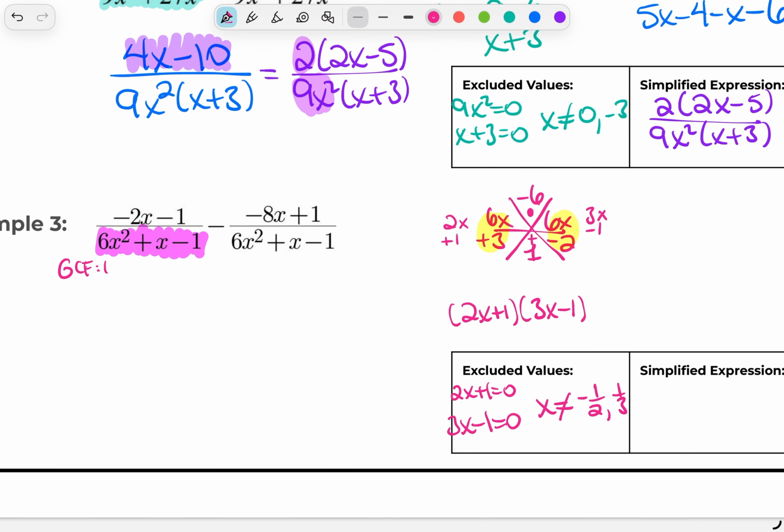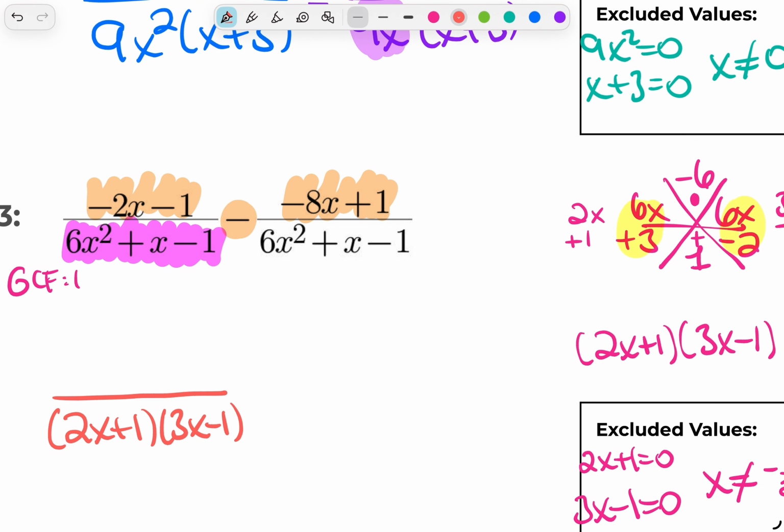All right, from there, because we have matching denominators, I'm going to keep that denominator. I'm just going to write it in the factored form. And then we're going to focus on our subtraction. And remember, we're going to be extra cautious with that part. So if you don't want to rewrite, you don't have to. Just remind yourself that you do have to distribute that negative to both terms, or however many terms are on that second fraction.